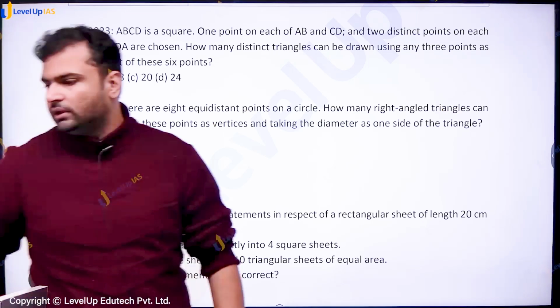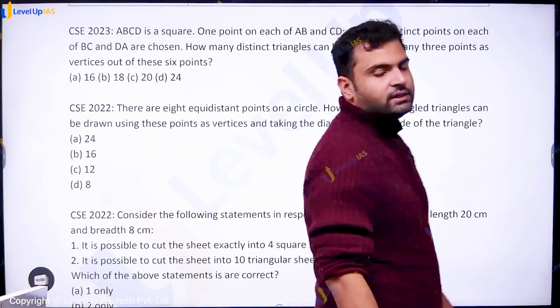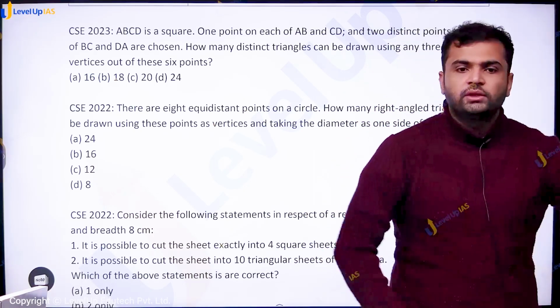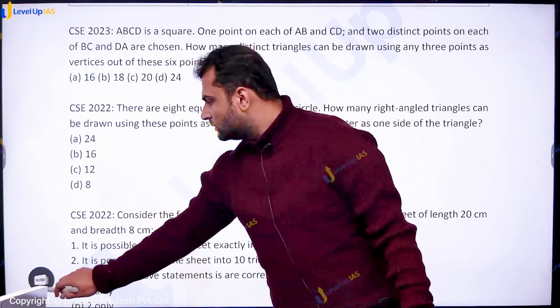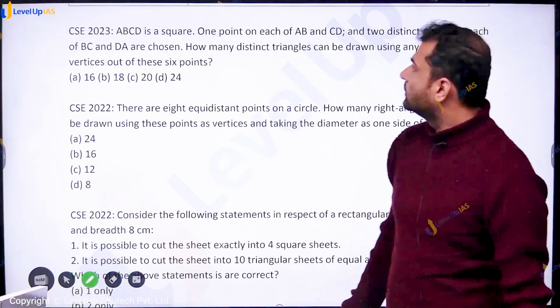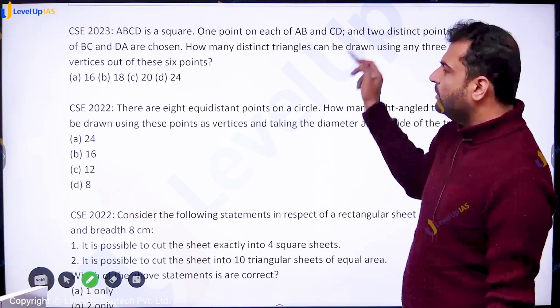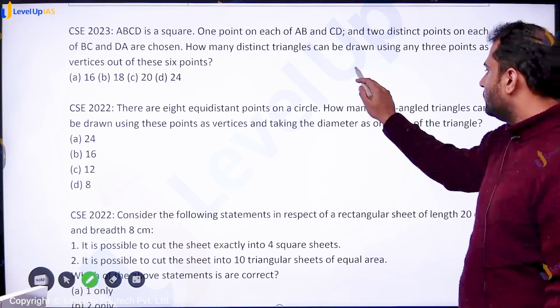Question is, now read the question. How many distinct triangles can be formed out of these 6 points? They are not considering ABCD as points of interest.